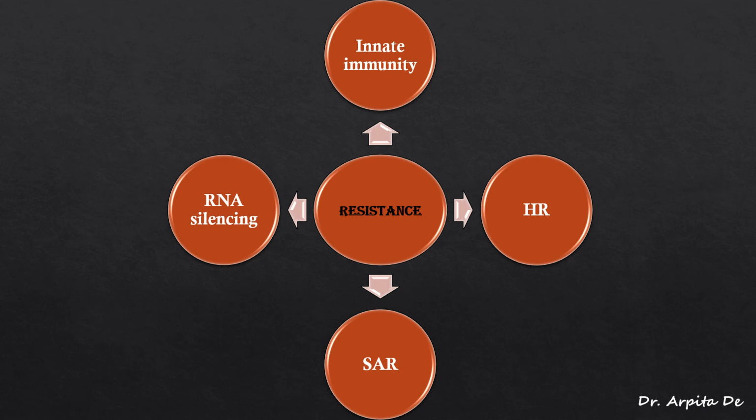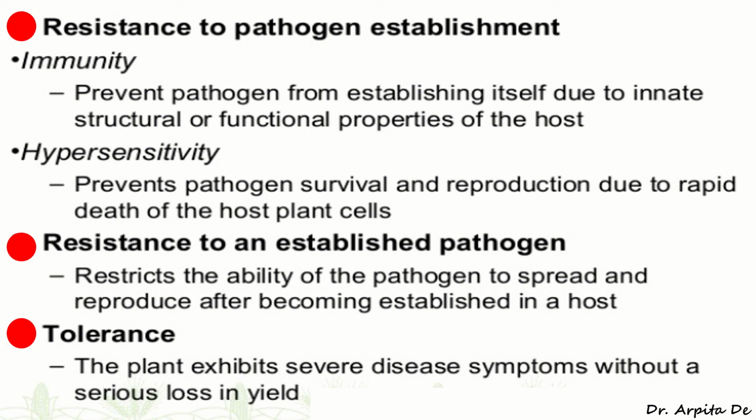So resistance can be of four types: innate immunity, hypersensitive responses, systemic acquired resistance or SAR, and RNA silencing. Resistance to pathogen establishment is done by innate immunity. You have heard about this; you have a basic idea about this.